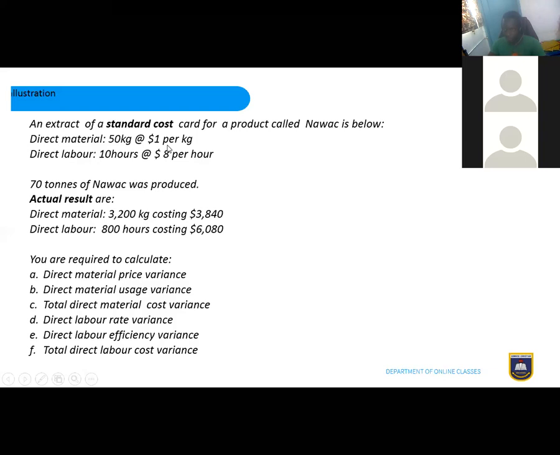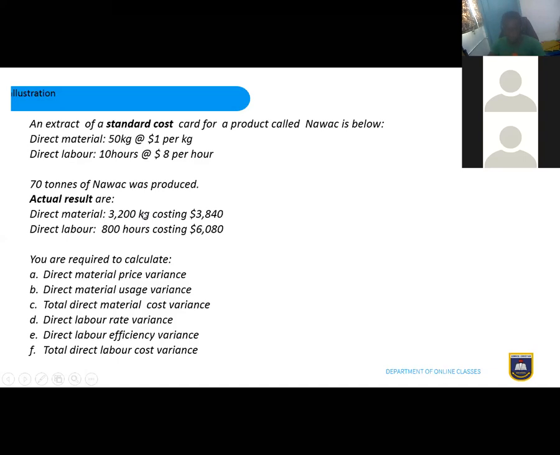So there are two different things happening here. That is why for some we need to divide and for some we need to multiply. Here this is the total quantity that has been used, which is 3,200 kg, which cost us 3,840. You get it? So here you don't need to do any division or anything.